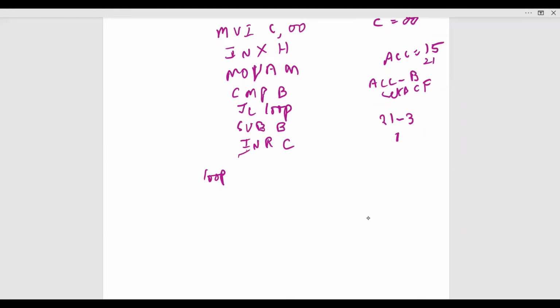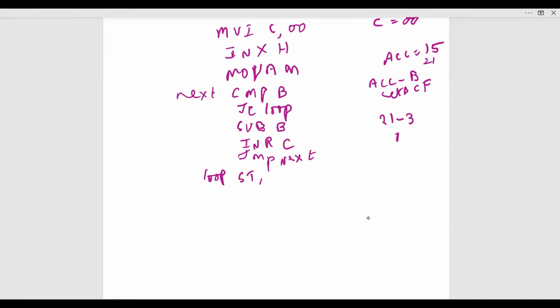Now, jump. We have to perform this operation until we get the carry flag, so we jump back and repeat this process. Once there is a carry, all these instructions will be skipped. Then we'll get the result in the accumulator that we have to store.